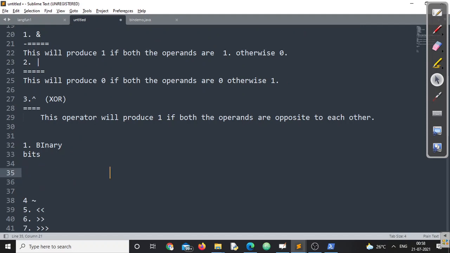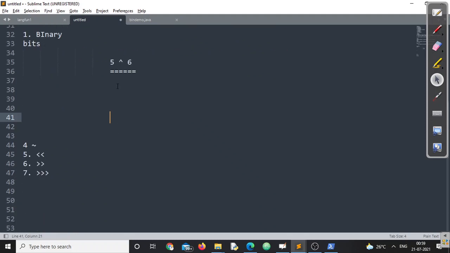Okay, the first example: suppose I am going with 5 exclusive OR 6. Let us operate these two numbers. Then we'll cross check this using the Java compiler. If I talk about 5, how is 5 represented? 5 is represented as 1 0 1, right?